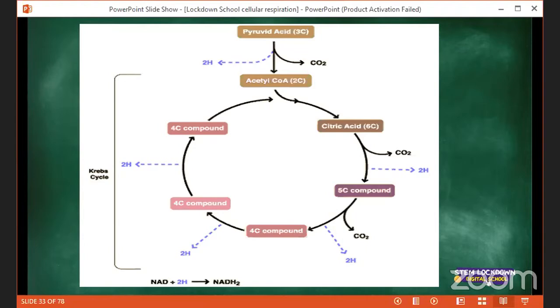Okay, so now the purpose of the Krebs cycle is getting the release of carbon dioxide and getting your energy-rich hydrogen atoms. As you guys can see from the structure here, the release of your energy-rich hydrogen atoms happens there. It happens there as well. It happens here, and it happens here. Okay. So that is basically the summary of the Krebs cycle.